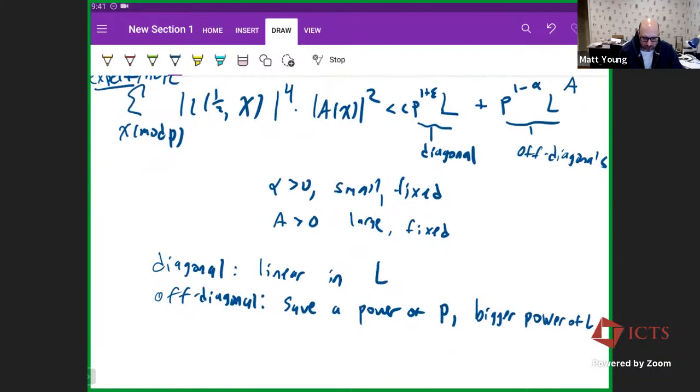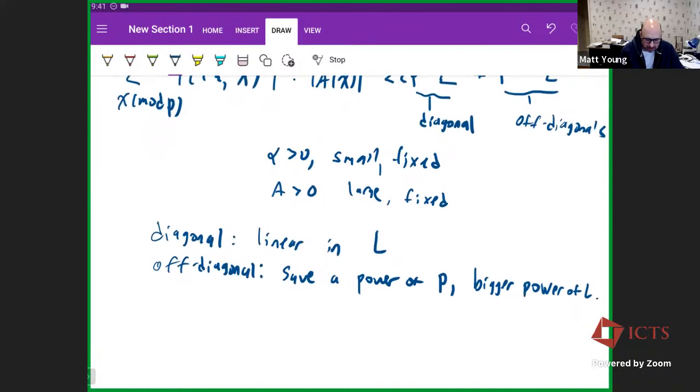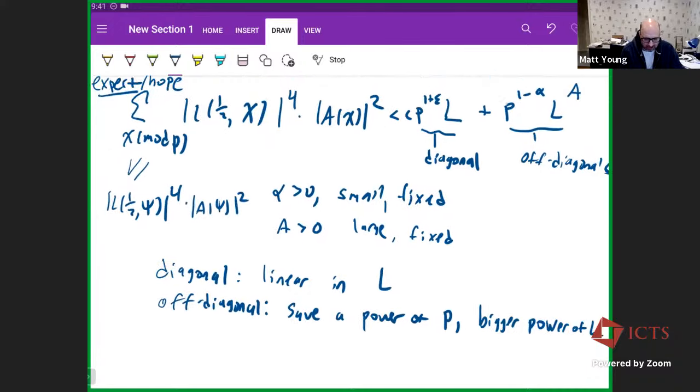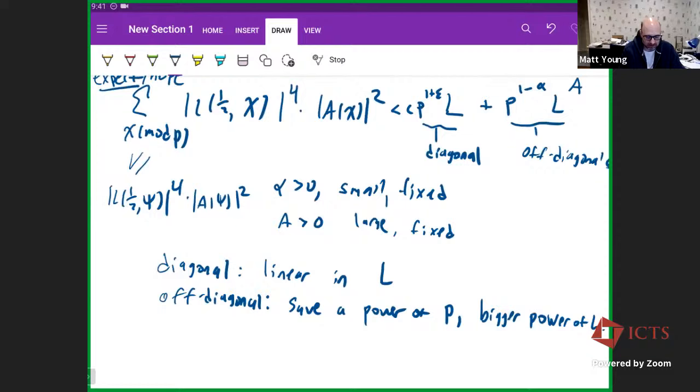So what is this good for? You can say this moment is greater than or equal to our preferred character, raised to the fourth power, times our amplifier evaluated at psi squared, and the amplifier is like L squared.